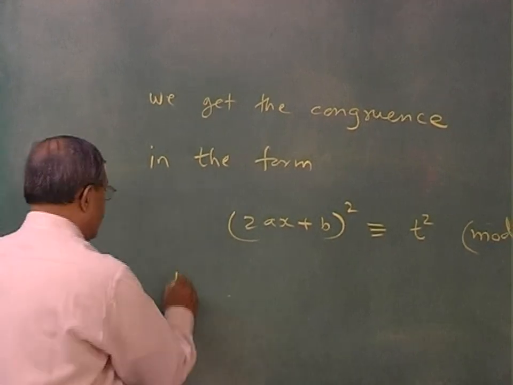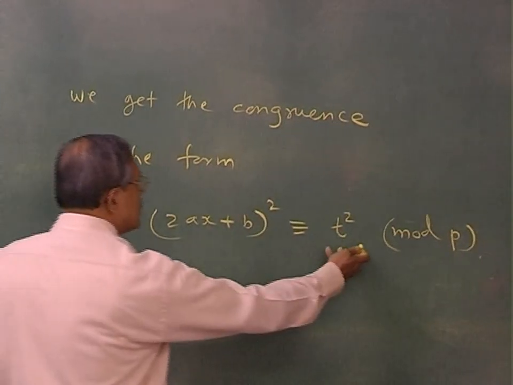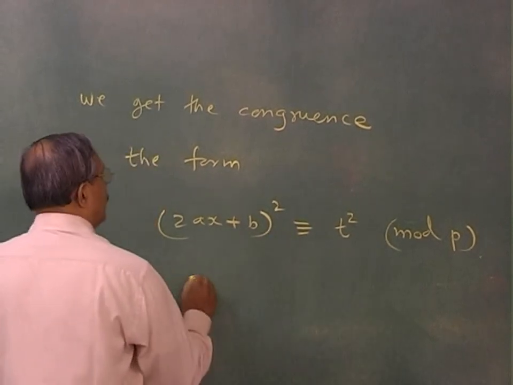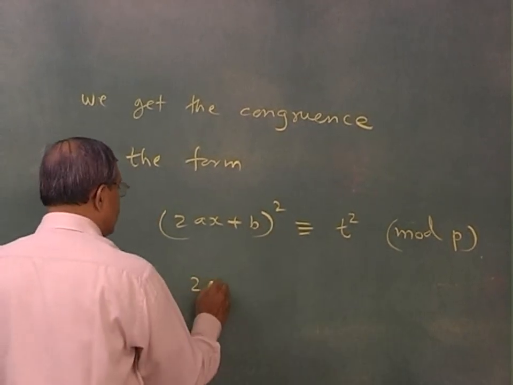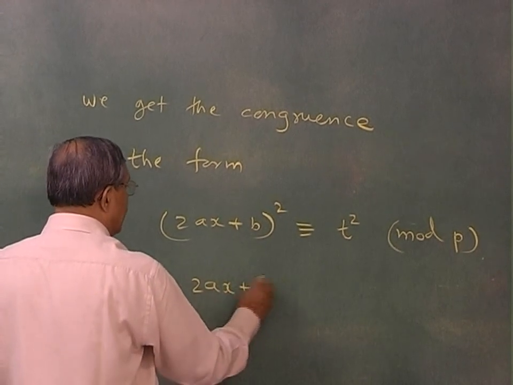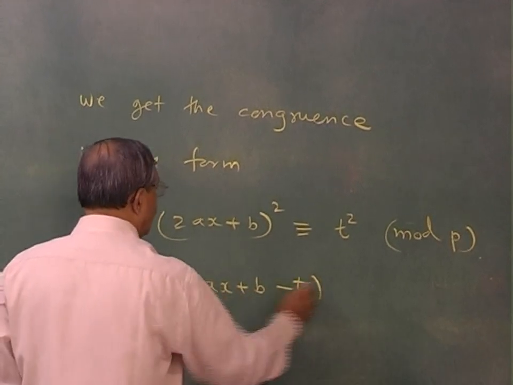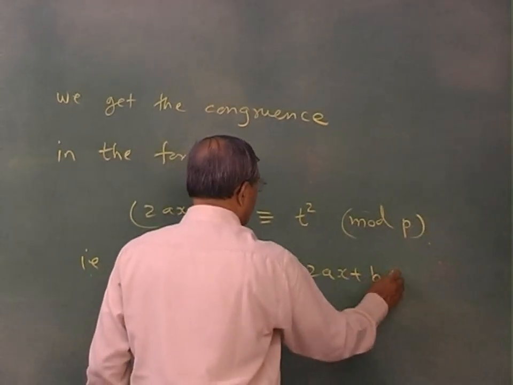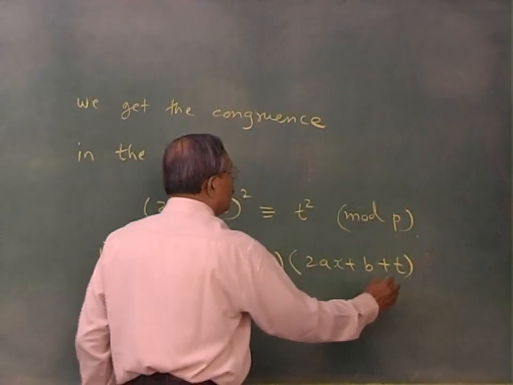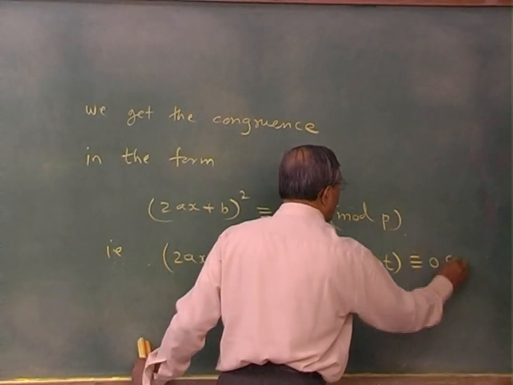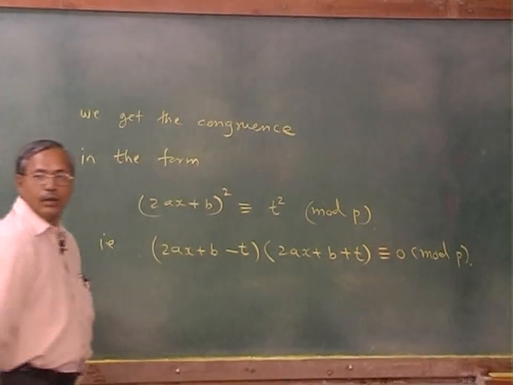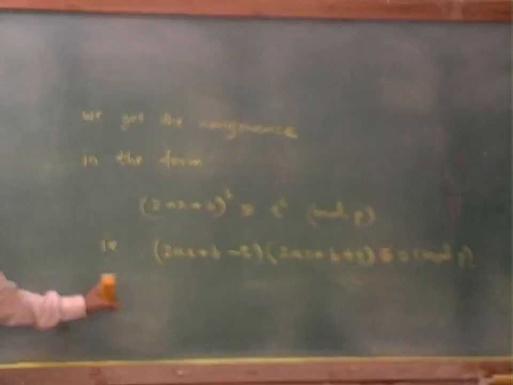Now you can take t square to the left hand side and factorize. So 2ax plus b minus t into 2ax plus b plus t congruent to 0 mod p. So this is an equivalent congruence.